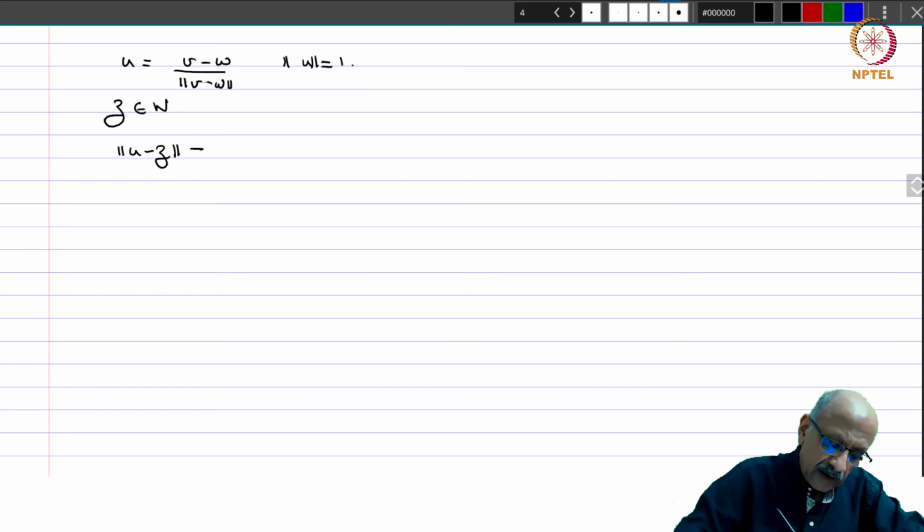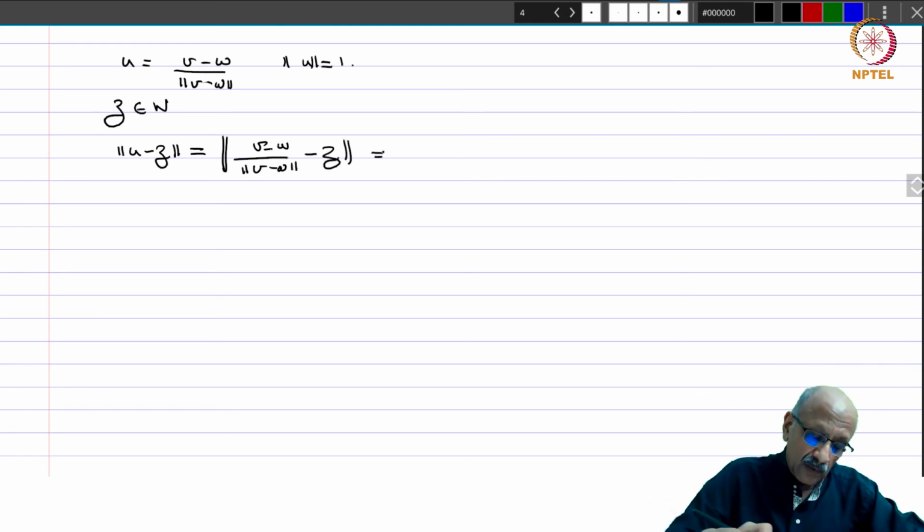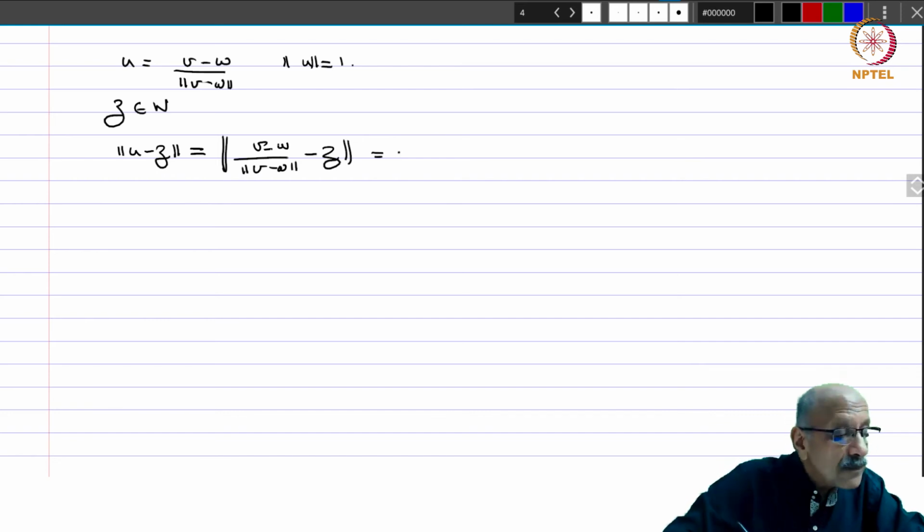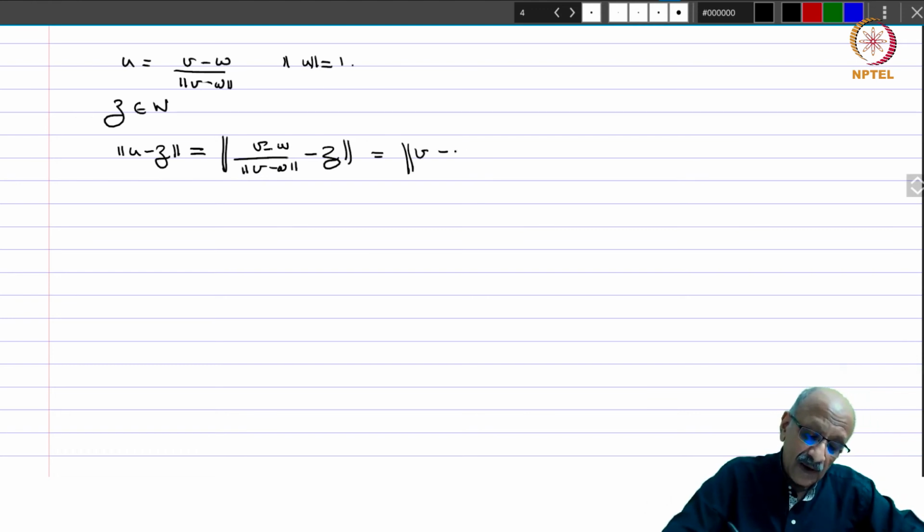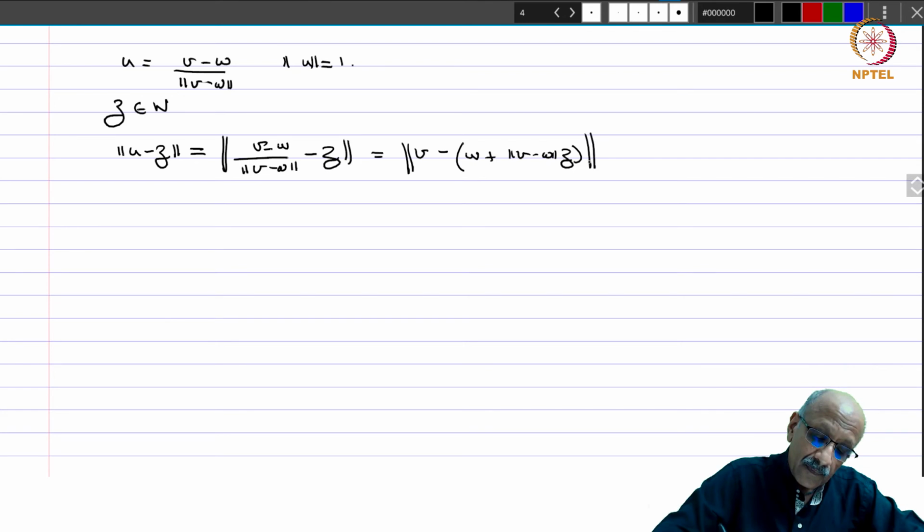Norm of u minus z is the norm of v minus w by norm of v minus w, minus z, which is equal to the norm of v minus, I am going to club all the terms, w plus norm v minus w times z, the whole thing divided by norm v minus w.